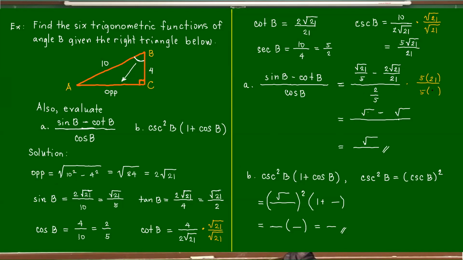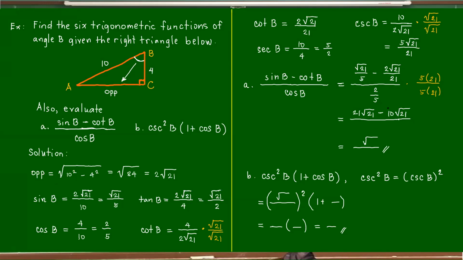5 times 21 over 5 times 21. So 5 times 21 multiplied to square root of 21 over 5. 5 is cancelled, so we get 21 square root of 21. In the second fraction, when multiplied by 5 times 21, 21 is cancelled. So we get 2 times 5, 10, then square root of 21.